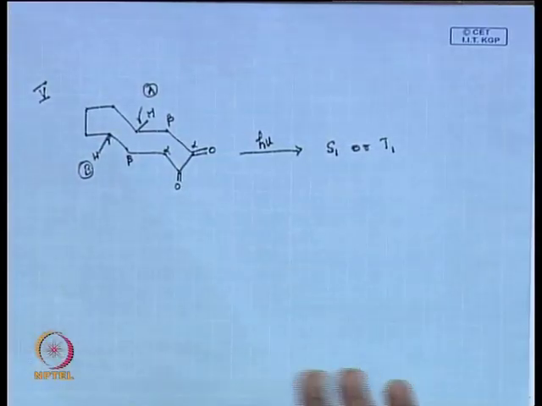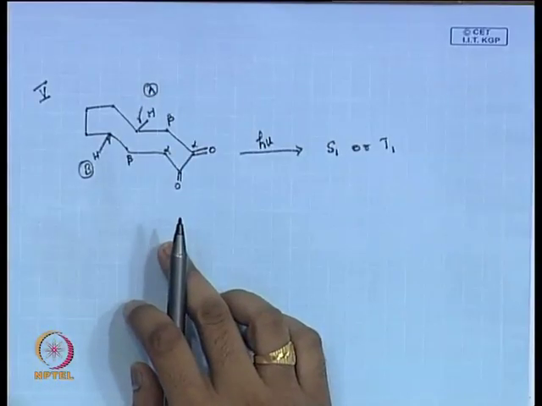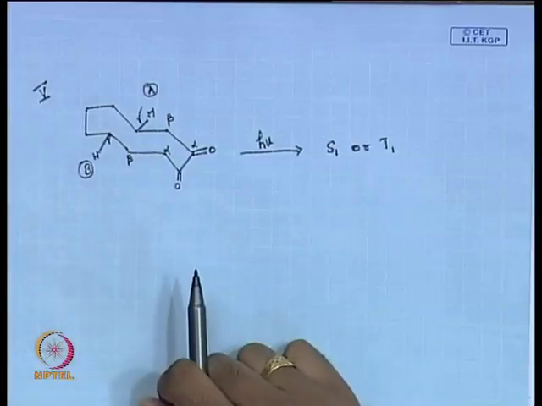So, you have to think about the model of the 10 member ring system. I want you to even do this model. You can try doing this model and see which hydrogen is near to this carbon here. If you can remember, it is fine. If you can visualize that, it is fine. Otherwise, just try to do a model, nothing wrong in it. It takes only a few minutes. You can do the model and think which carbonyl is near to it.